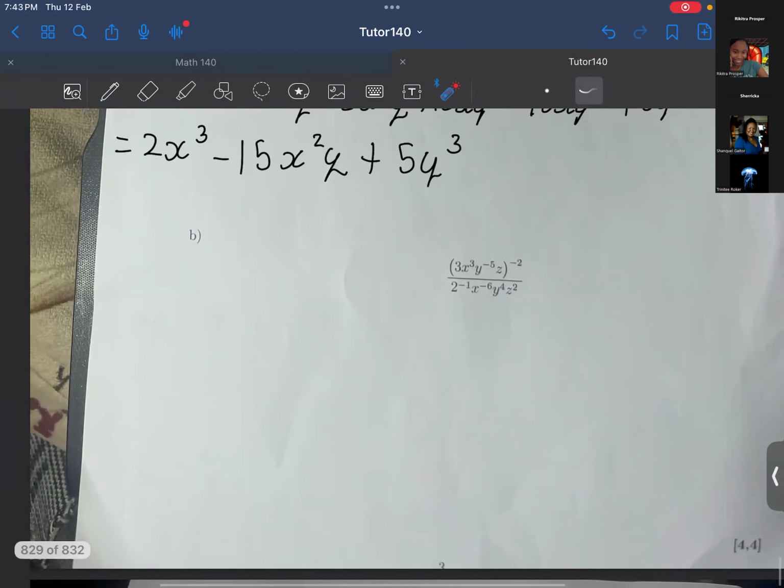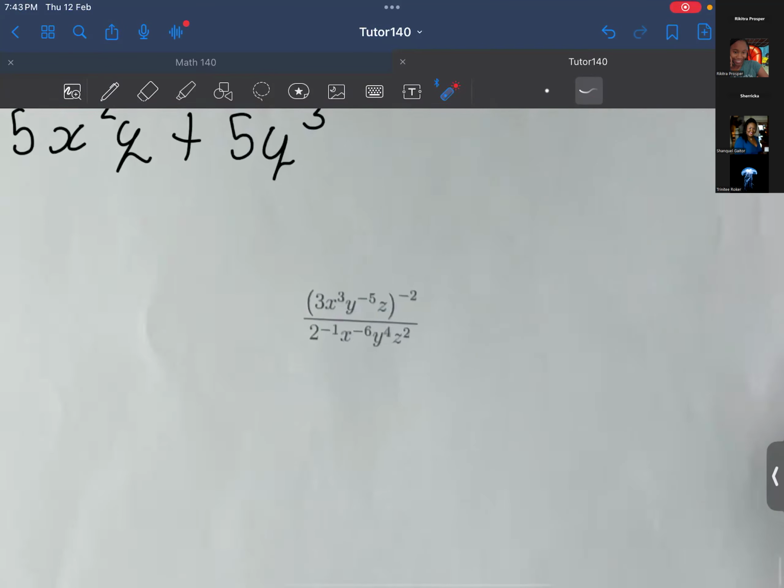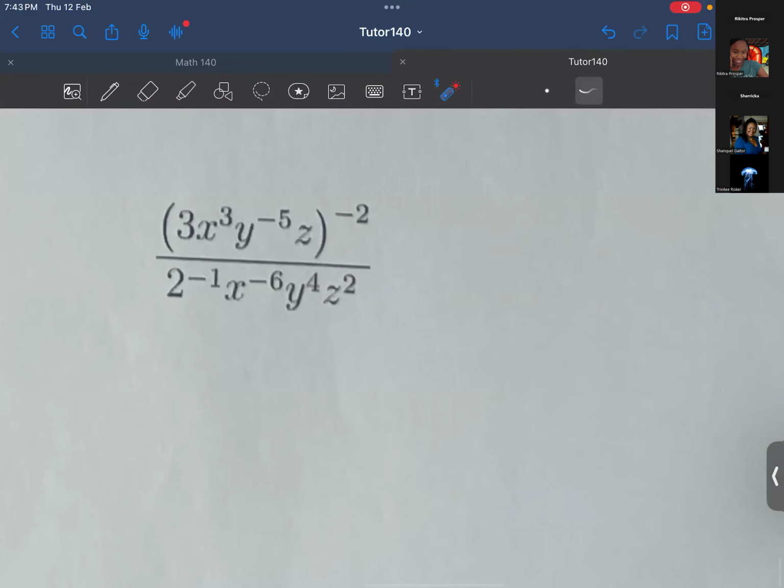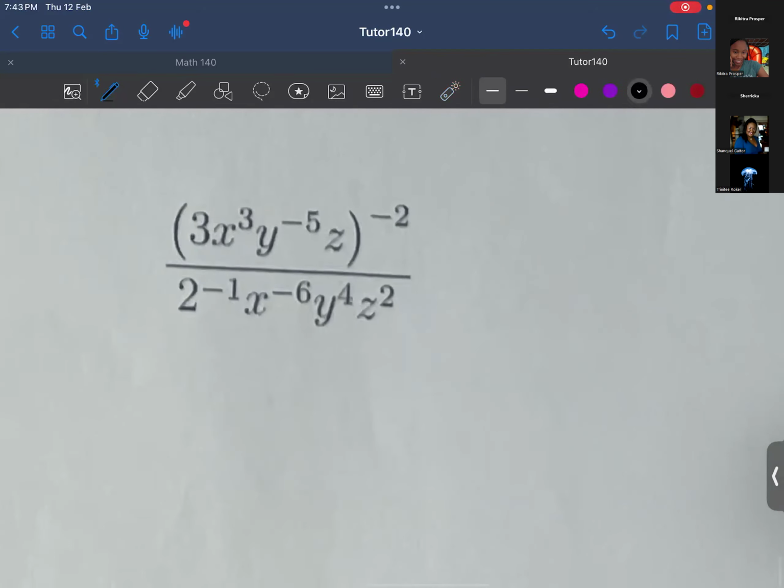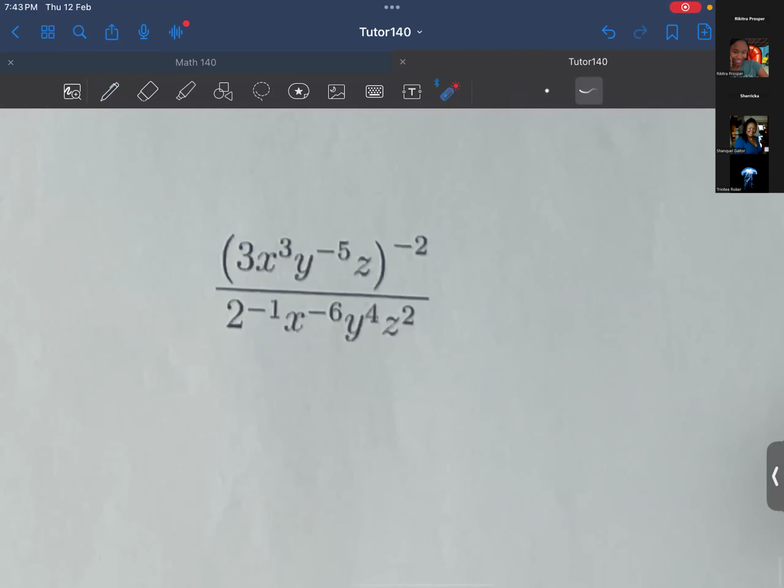Okay, so this will be with your exponents. This will really be testing your law of exponents. So your first step would be to raise this -2 to all the factors.